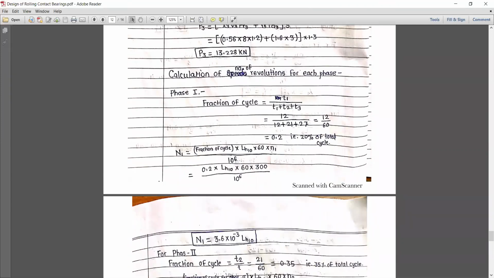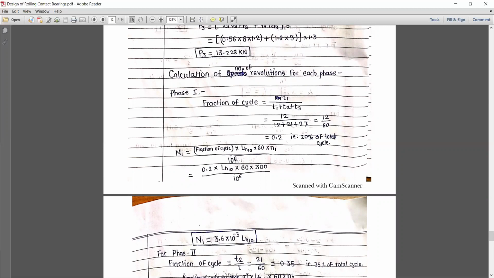Now for a similar condition, we need to calculate the number of revolutions, or the life rating, for each phase. Okay, so in this condition, the time is given. The total time, if we add T1, T2, T3, what do we get? 12 plus 21 plus 27 is equal to 60. Okay, so out of 60, the 12 seconds is the fraction of the cycle deployed for phase number 1.